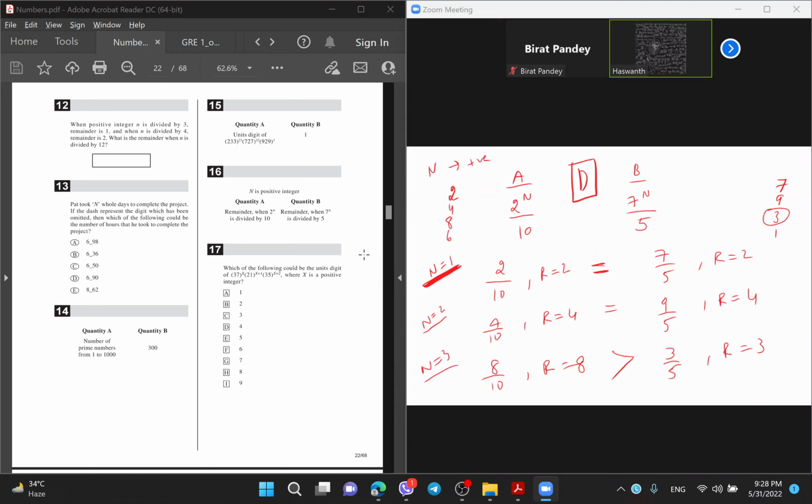But when divided by 5, can we have a remainder 8? When you are dividing with 5, remainder can be something from 0 to 4 only. 2 cube is 8, 8 by 10, you get remainder as 8, which definitely makes quantity A greater there. But n is equal to 1, both are equal, so different relations. So when dividing with 5 or 10, remainder will depend on what is present in the units digit.